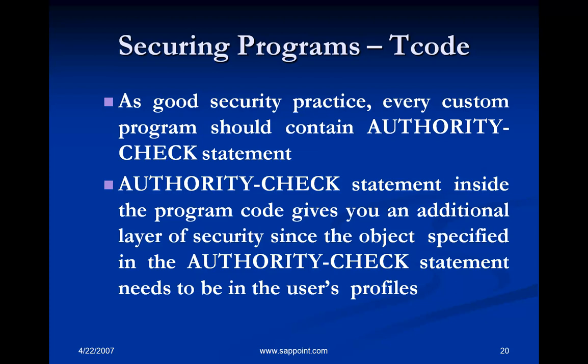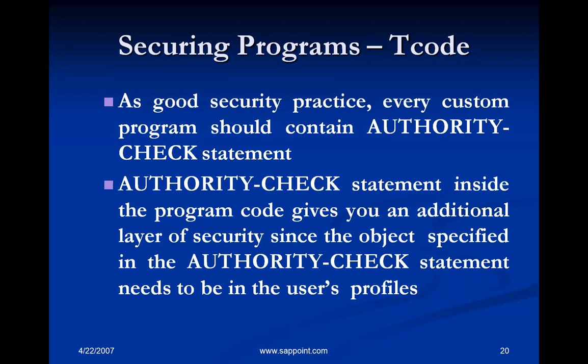So the best practice for protecting a program is, first, to create a custom transaction code for every program. Second, you should include an authority check statement in every program. And third, if possible, also associate the program with an authorization group.